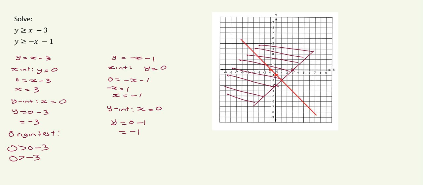Okay, so now we need to find the region that satisfies that inequality. So we're going to use the origin test again. So we're saying 0 is greater than or equal to 0 minus 1. So 0 is greater than or equal to minus 1.